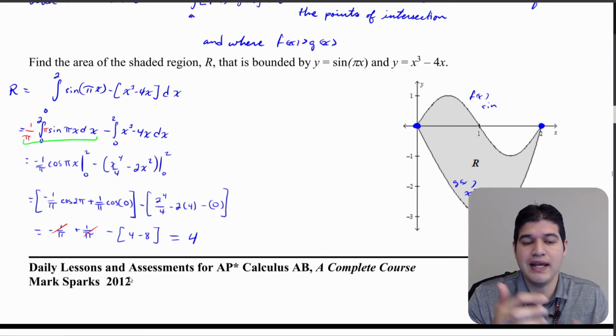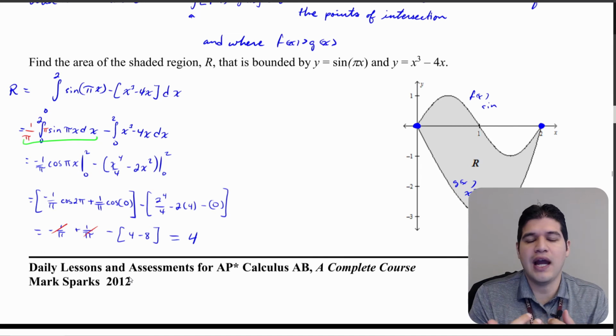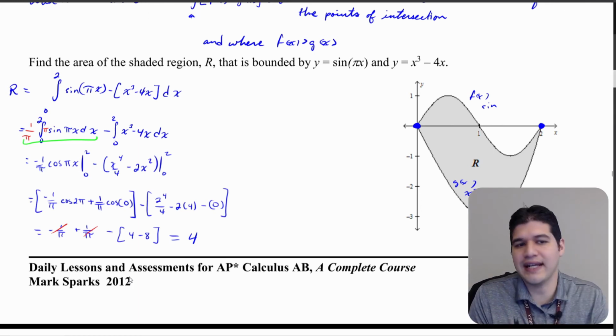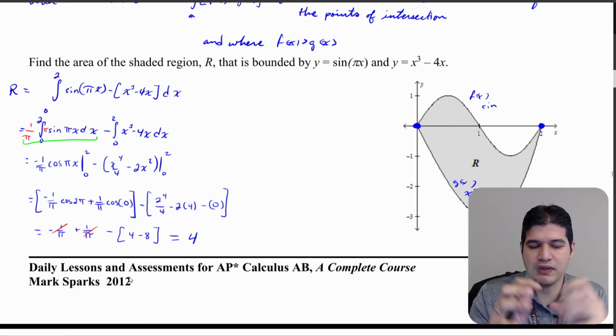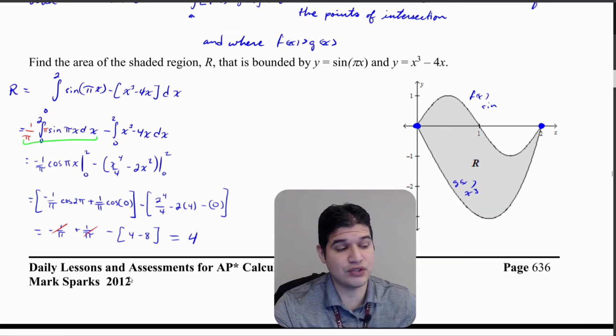So I made that happen as two separate integrals because I didn't want to go through the effort of keeping it all together and making everything really hectic. From there, I calculated both integrals separately, looking at what cancels out, and then I get minus the 4 minus 8 in parentheses, coming out to be 4. So that's the area of this region.